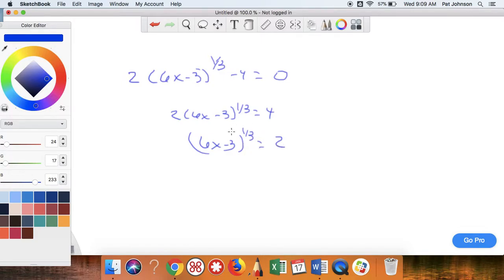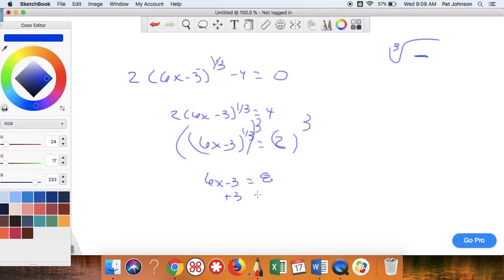Okay, how do I get rid of this 1/3? That's the same thing as if I said the cube root of some number in here. So I cube it. I'm going to raise this to the 3rd power. By definition, a power raised to a power, you multiply: 1/3 times 3 equals 1. So then we get 6x minus 3 equals 8.